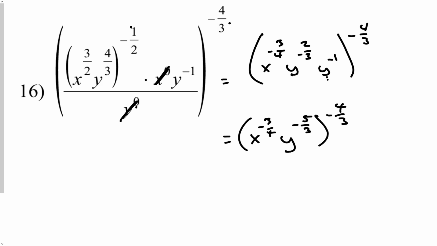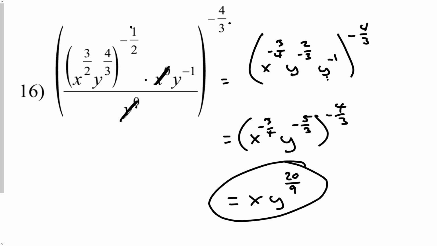Power to a power, you multiply. 3/4 times 4/3 is 1. That's nice. 20/9 does not reduce, and that's the answer. It is simplified. No need to rationalize. And now we have our answer.